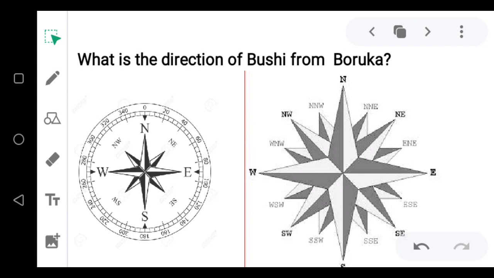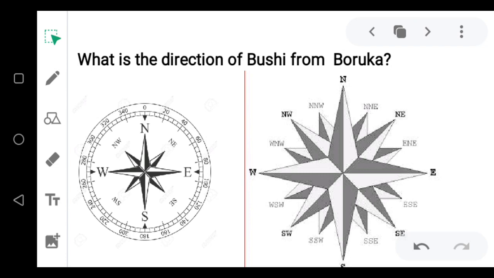Now, they can also ask you, what is the direction of Bushi from Boruka? Now, you cannot answer this question if you don't know anything about direction. Direction has to do with the 4 cardinal points. So on our left, we have the 4 cardinal points: north, south, west, and east. Then in between, we have northwest, northeast, southeast, and southwest. So this is the compass with 8 points.